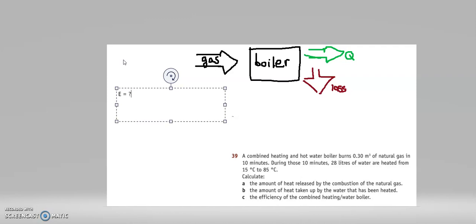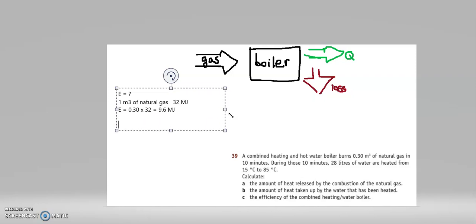If you read the textbook carefully, it says that a cubic meter of natural gas releases 32 megajoules of energy, and in this case we are burning 0.30 cubic meters. So E is 0.30 times 32 megajoules, and that is 9.6 megajoules, and mega is 10 to the power of 6.